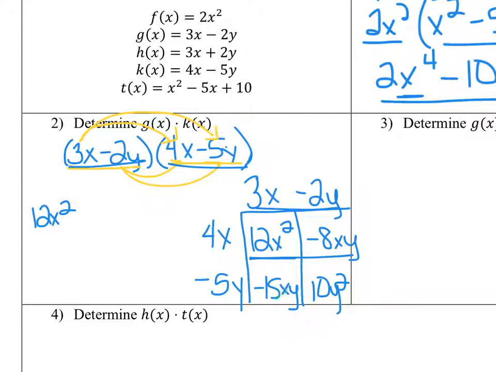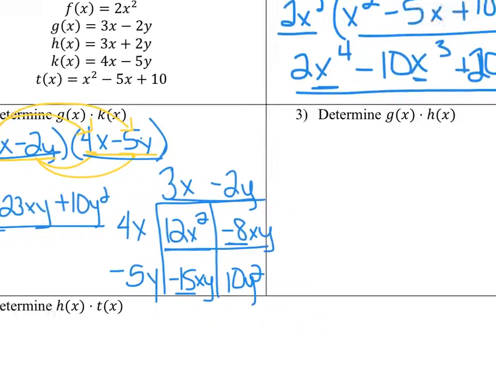So when I combine the like terms, I add negative 15 and negative 8. When I combine them, I get negative 23xy. Now when you combine like terms, you're just adding the coefficient. You're just counting how many you have. And 10y squared doesn't have anything either. So there we are. That's those two things multiplied together.